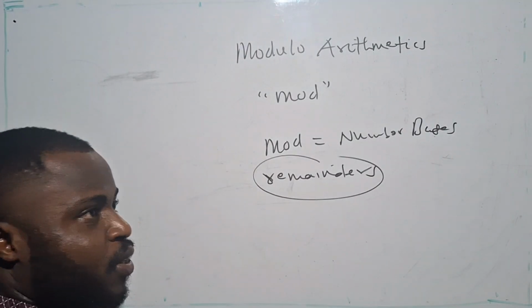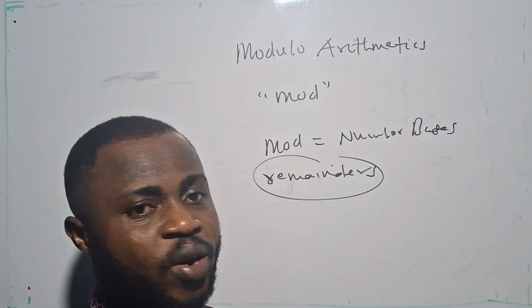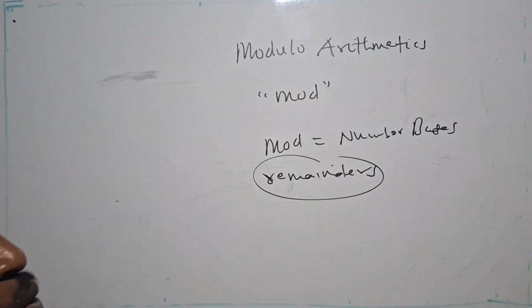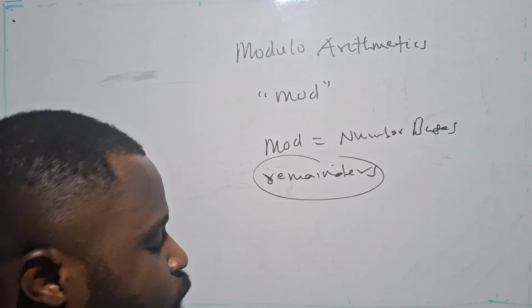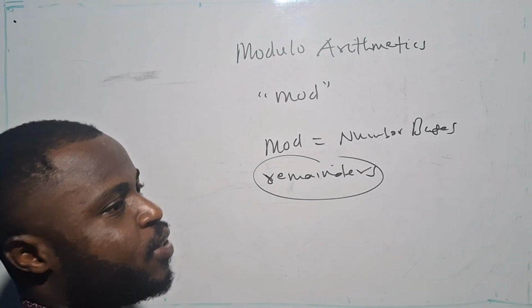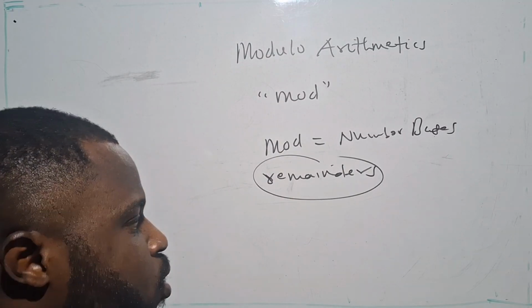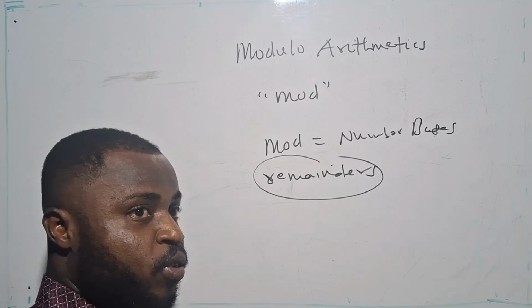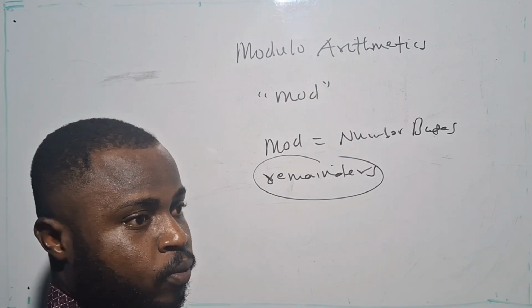Most people ask, this math we are learning, what is the use of it? What is the benefit of modulo in our real life? Now, modulo is very important. It helps us to calculate the number of days, the time, the month, and so many things. You can even calculate your date of birth if you have forgotten it.